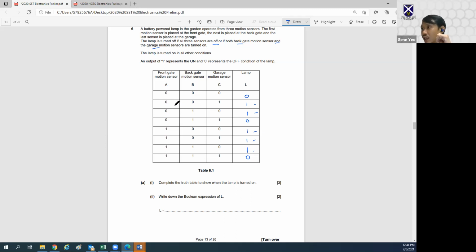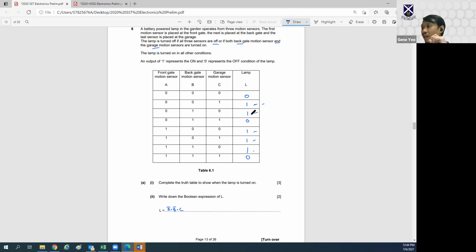The lamp will turn on if there's A complement, B complement, and C. So first case, lamp is on: A complement and B complement and C.